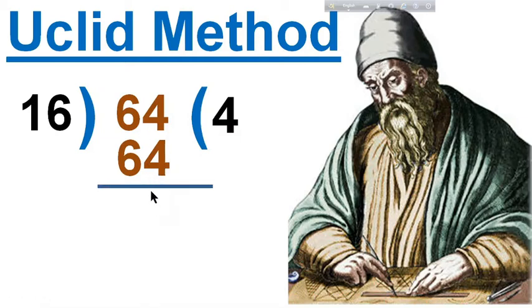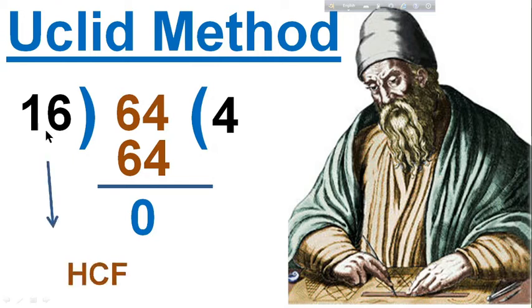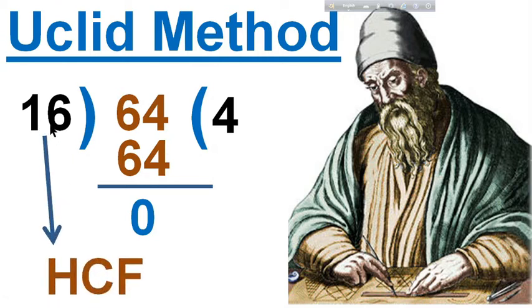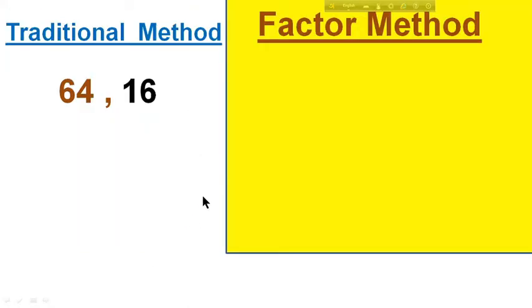Then if we subtract, we get 0 as remainder. So this divisor, 16, is our highest common factor. This is the easiest method of finding out the highest common factor.